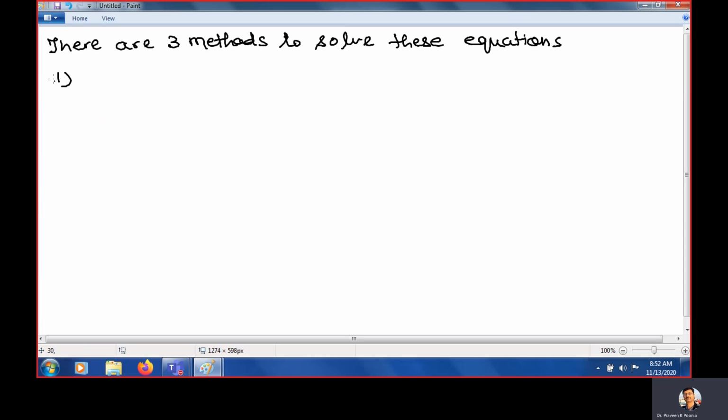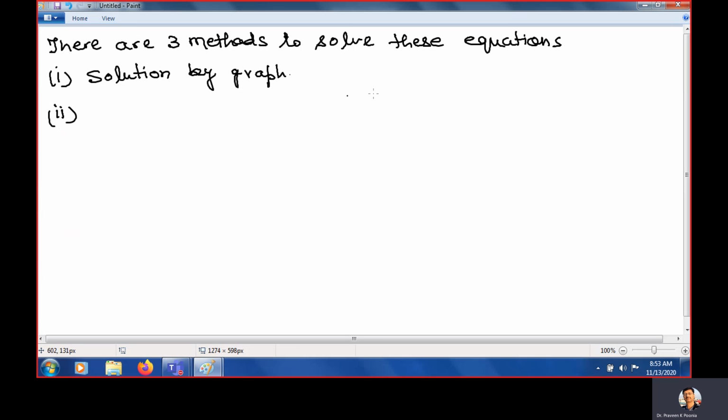Method number one is solution by graph. We will learn how to draw the graph of these linear equations and then find out the value of x and y.